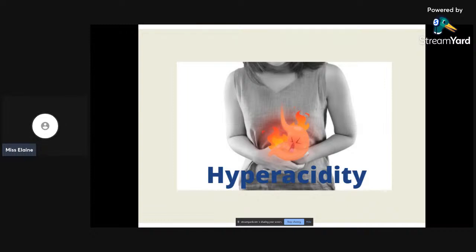Ibig sabihin ini-neutralize niya yung acid na dapat or level na acid na meron lang tayo dapat sa ating stomach. So, what is the range na meron tayong acid sa ating stomach? We have between 2 to 5.5 acidity na meron tayo lang dapat sa ating stomach.